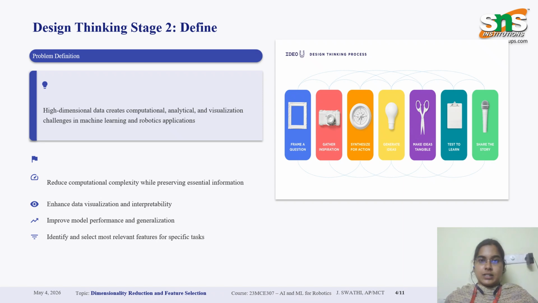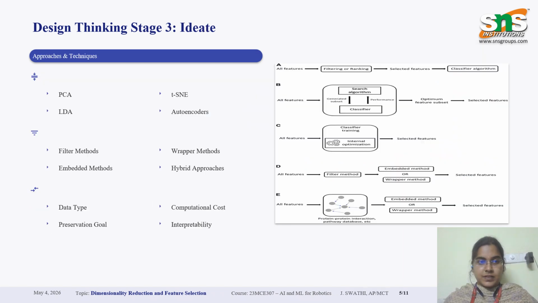High dimensional data creates computation, analytic and visualization challenges in machine learning and robotic applications, and that's why we need this technique. It reduces computation complexity while preserving the essential information, enhances data visualization and interpretability, improves model performance and generalization, and identifies and selects the most relevant features for the specific task.